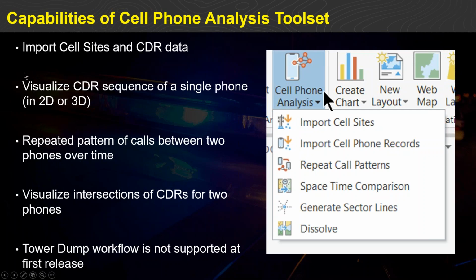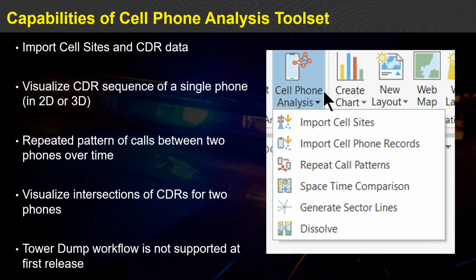From there, you have the ability to visualize call detail record sequences of a single phone. You can do that using the Incident Sequence tool that was already in the Crime Analysis Solution. So that's not a new tool. It's just applying cell phone data to an existing tool. You can do that in 2D, or using a new tool that we've created called Features to 3D by Time, in the Data Management section under the Enhanced Attributes category.